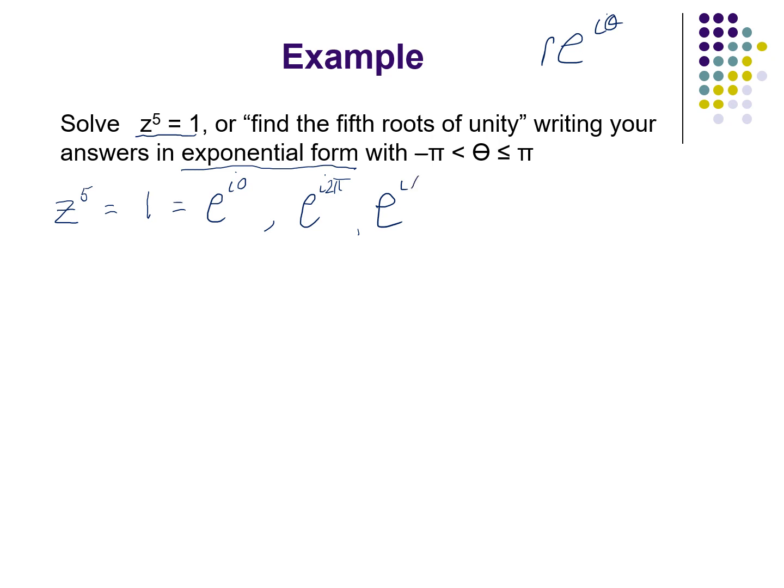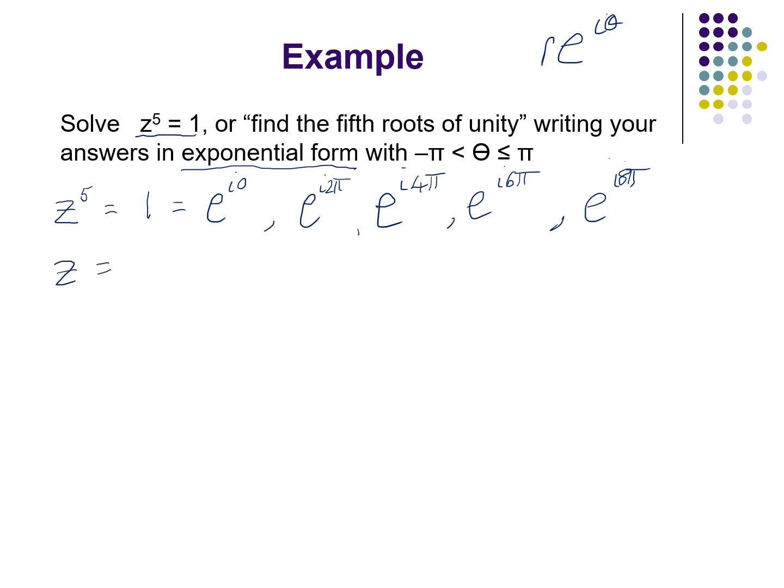I'm going to keep adding 2 pi to my argument until I have 5 answers. So I know my first answer is 1, and that's e to the i times 0. And then here are my 1, 2, 3, 4, 5 answers. Now let's think about what happens if I fifth root.